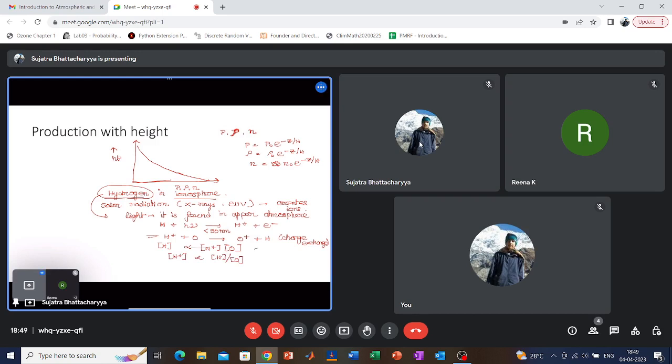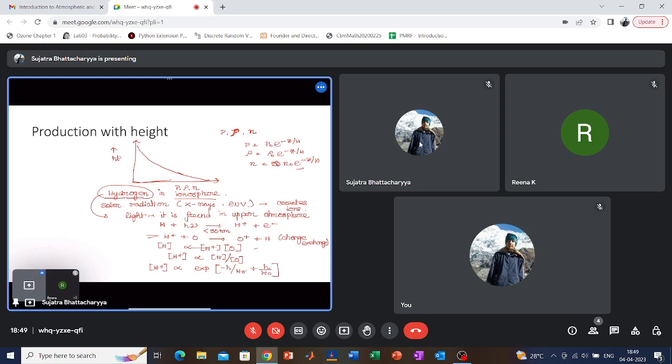And now this H plus, the concentration of the hydrogen ions, will be proportional to exponential of, if we write using this particular formulation, minus z by H, instead of z I am writing capital H of H plus, because it is in the denominator, so it will go in the upper numerator, so it will run plus z by H of oxygen.